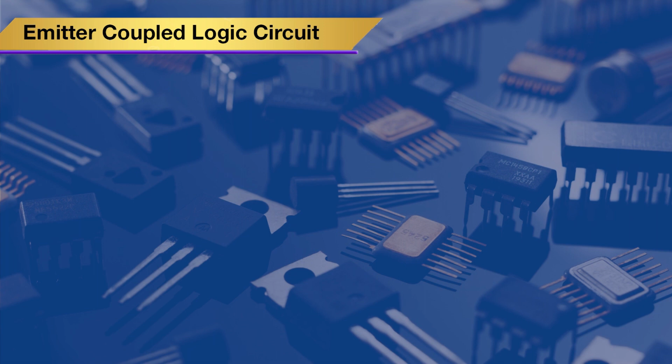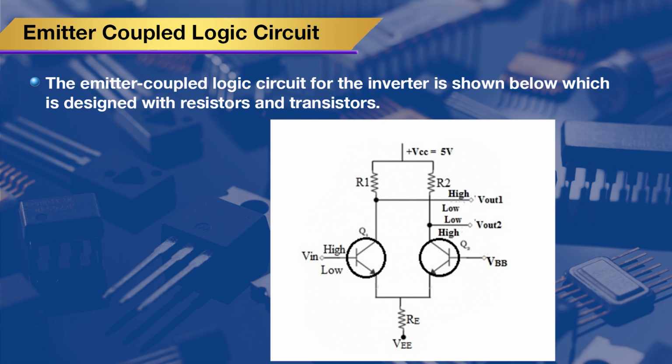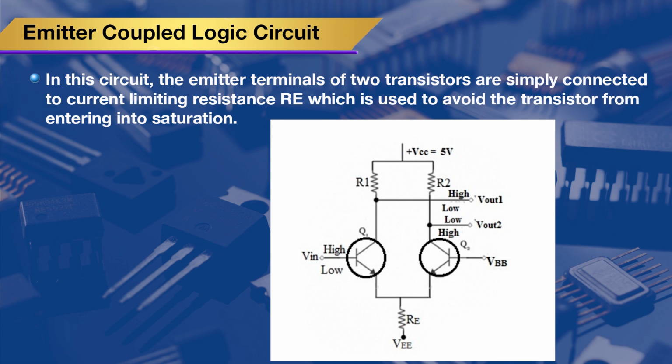Now we discuss the emitter coupled logic circuit more. The emitter coupled logic circuit for the inverter is shown in the figure below, designed with resistors and transistors. In the circuit, the emitters of the two transistors are connected to a current limiting resistance RE, which is used to keep the transistor from entering into saturation.